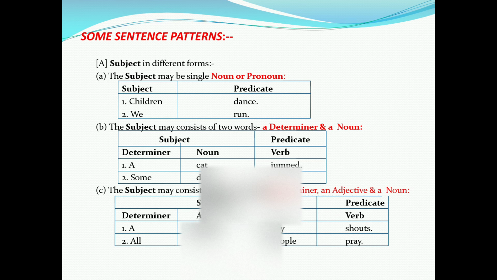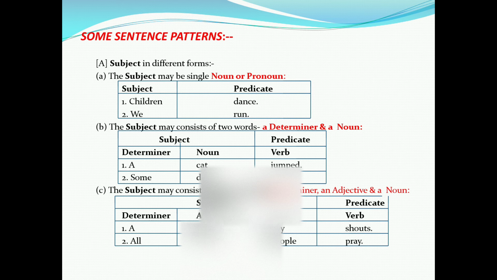Similarly, the third pattern of the subject is: subject may consist of three words, a determiner, an adjective and a noun. Let's take an example. A bad boy shouts. Here a is a determiner, bad is an adjective and boy is a noun.